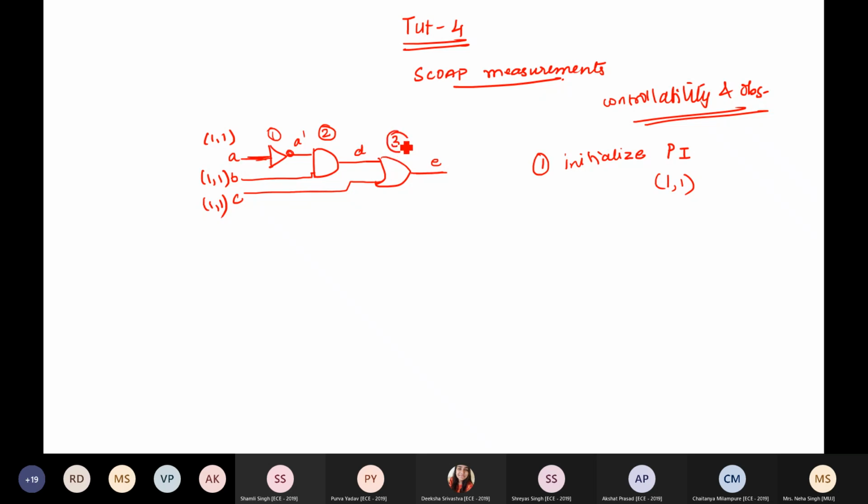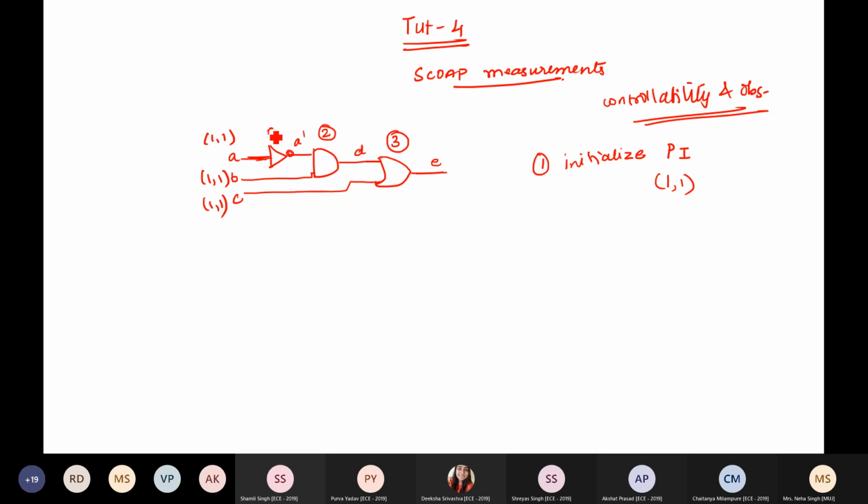Level 3 gates will be the gates where at least one of the input is obtained from level 2 gates. So here D is coming from level 2 gate, therefore this is level 3. So when we are trying to find the controllability, we will analyze all the logic gates in a particular level before moving on to the next level.